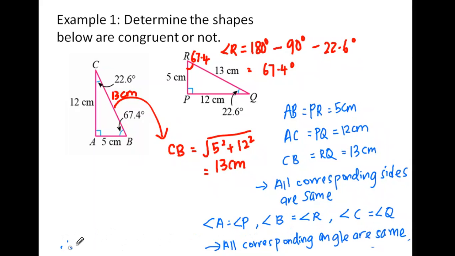Our conclusion is ABC and PQR are congruent because they fulfill these two properties.